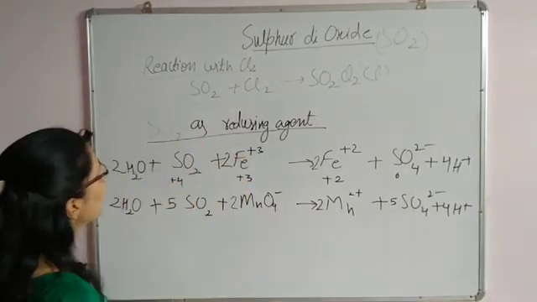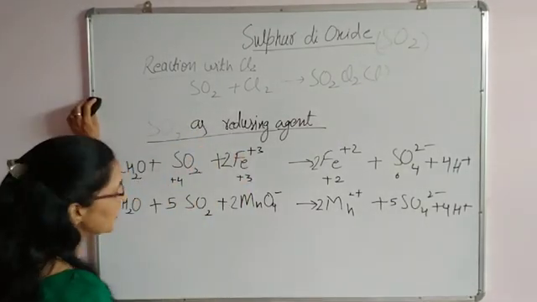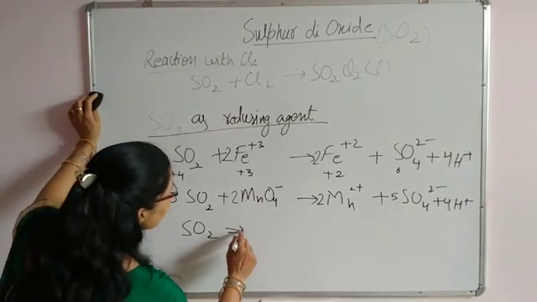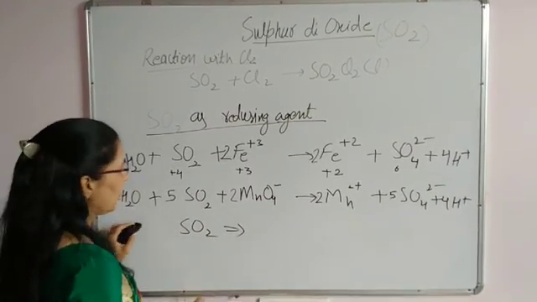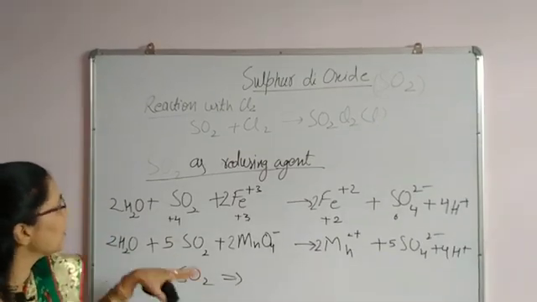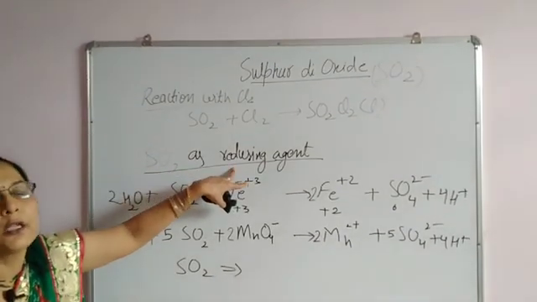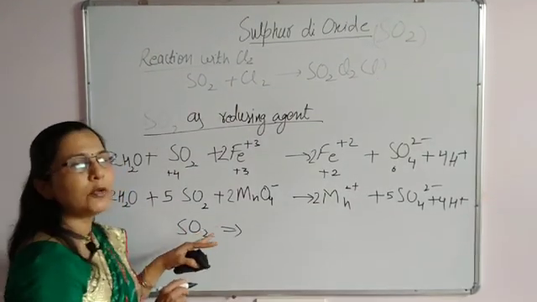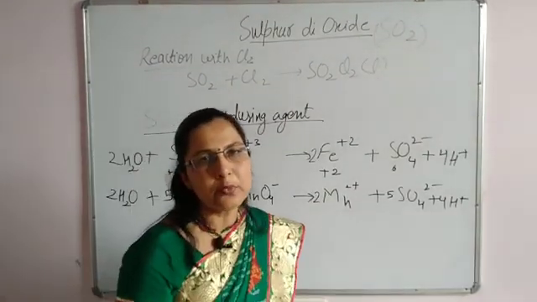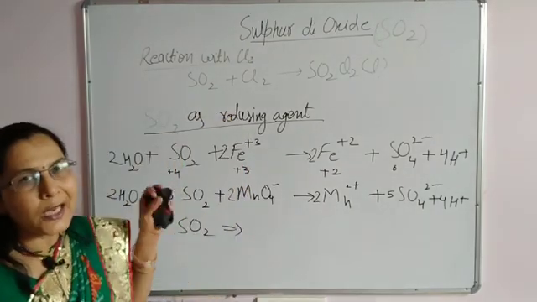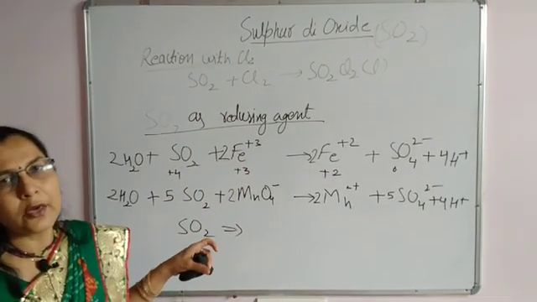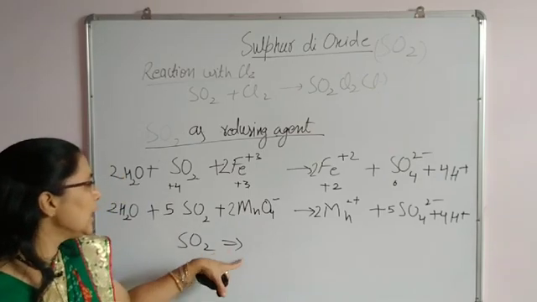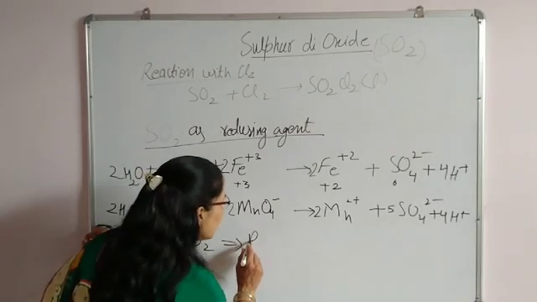Okay, sulfur dioxide as a bleaching agent. The mechanism of bleaching is that sulfur dioxide acts as a reducing agent. So sulfur dioxide is a very good reducing agent. It can reduce the coloring pattern of flowers or wood pulp, and the mechanism for the decolorization is reduction.